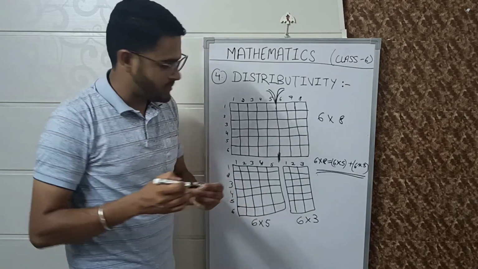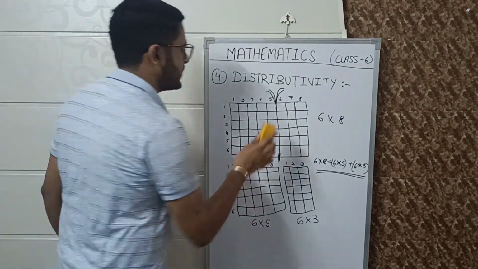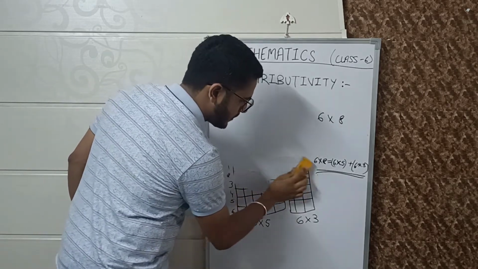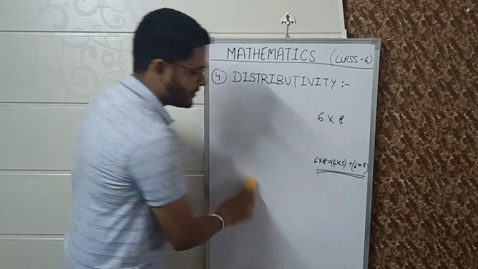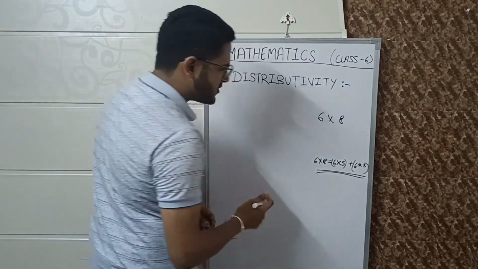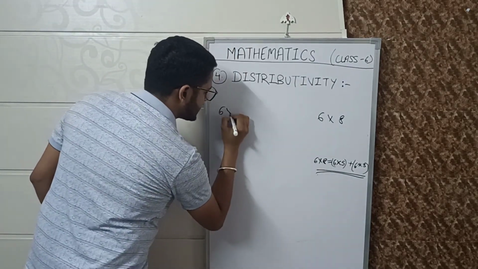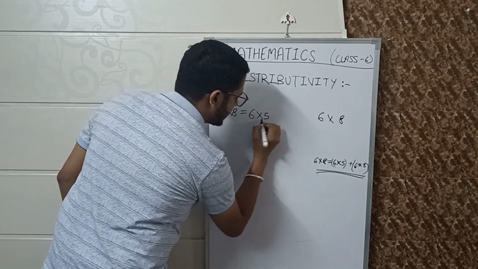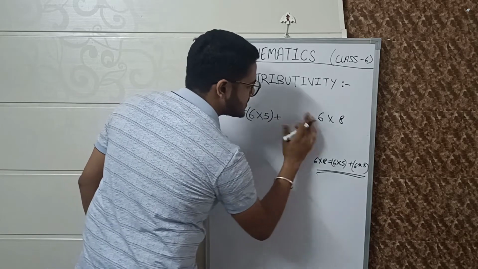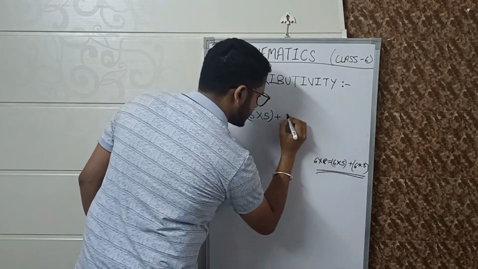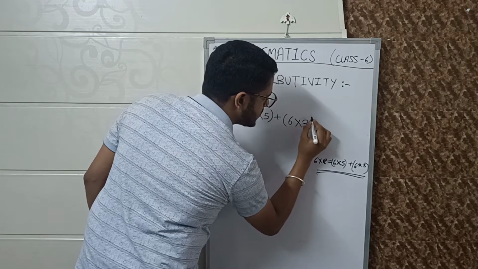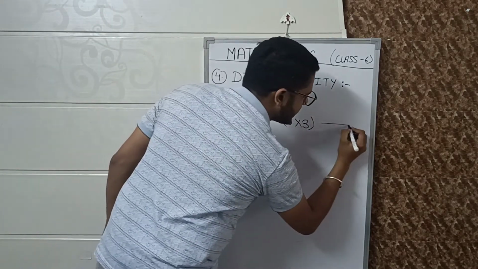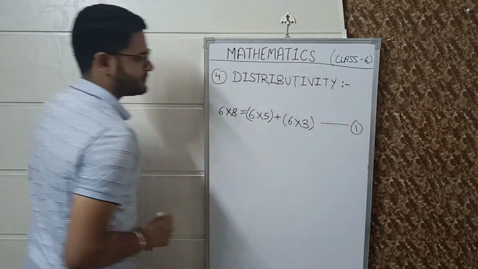Now let me erase this. From the graph papers, we saw that 6 into 8 is equal to 6 into 5 plus 6 into 3, right? Let it be equation number 1.